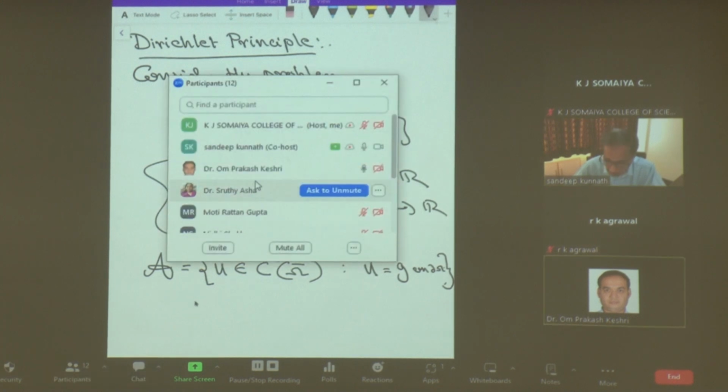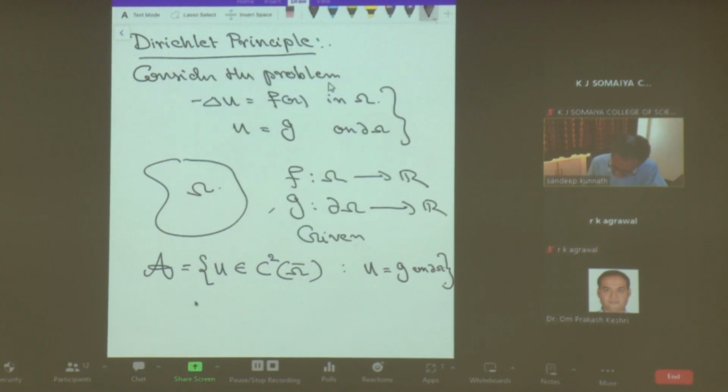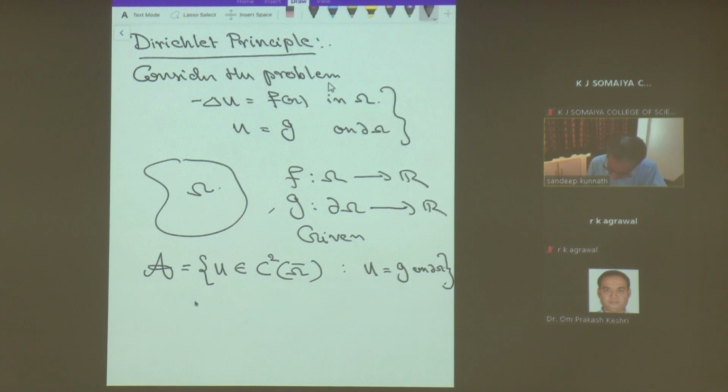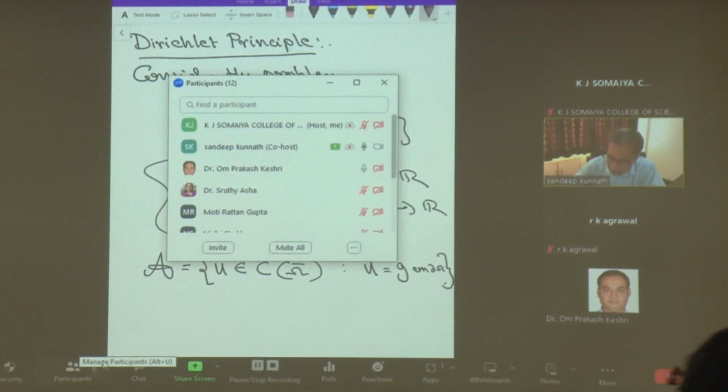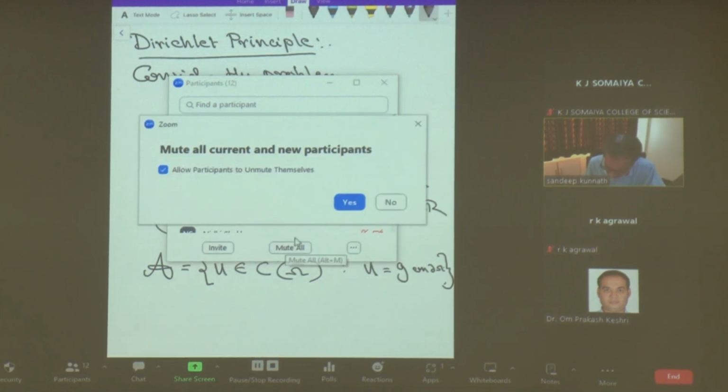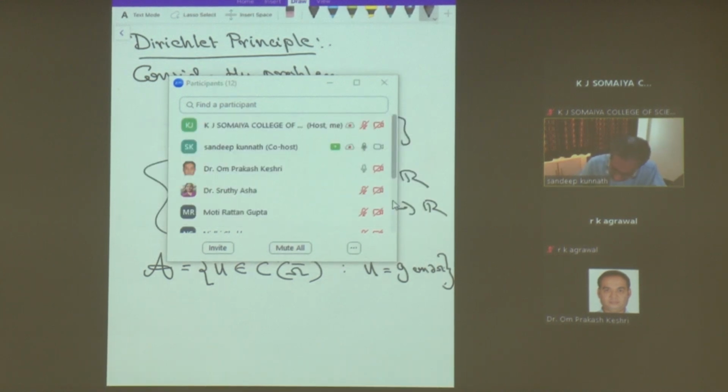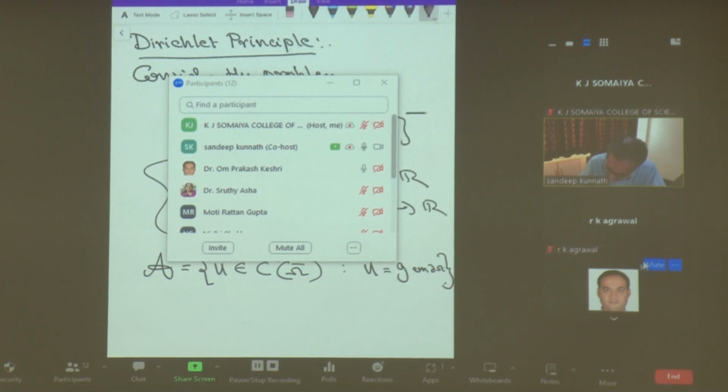Okay, yeah. So I am defining script A as all u in C2 of omega closure such that u is equal to g on the boundary. Okay. So now I am going to call this Dirichlet problem number 1.